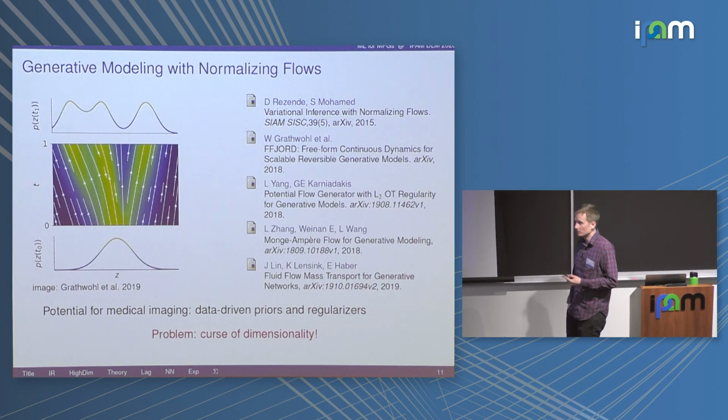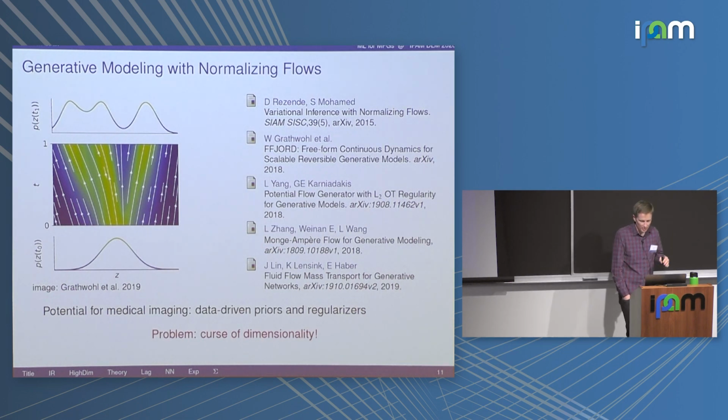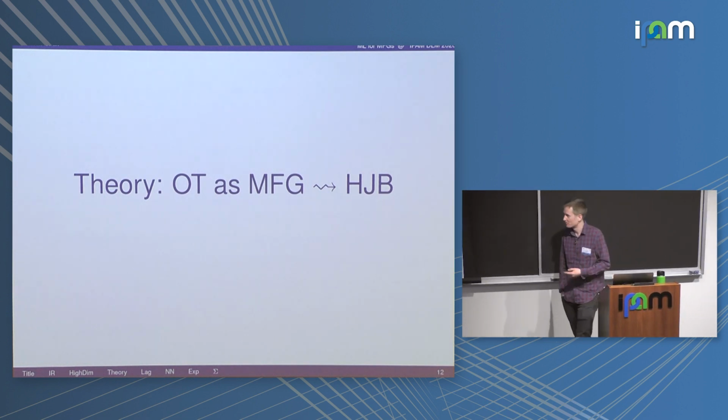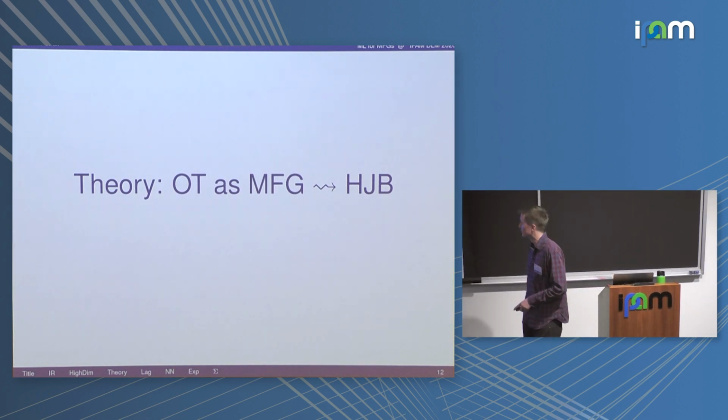If you do this though, the PDE that governs this path here is still going to be the continuity equation. So we are going to have to solve this in a high dimensional space and to kind of avoid the curse of dimensionality. That's going to be the main problem in this business. So what we've done here is let's go a little bit lightly through the theory.